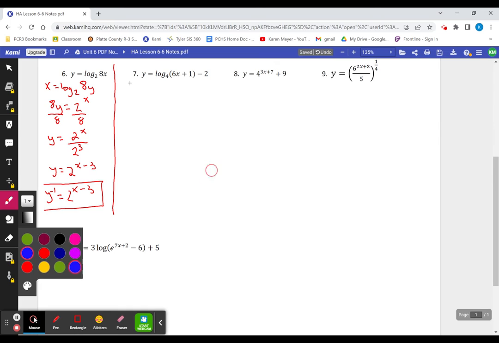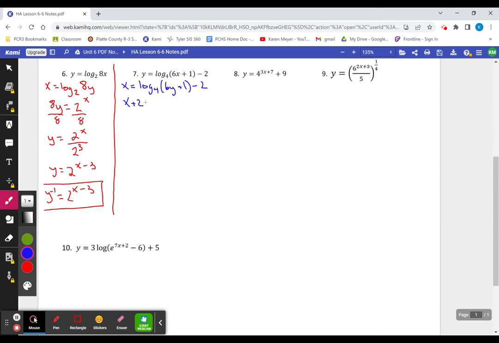Okay, 7. Start by switching x and y. So x equals log base 4 of 6y plus 1, minus 2. Now, before I rewrite this one, you should notice that that minus 2 is not in the parentheses. So that means I want to get rid of it. So to get rid of it, I'm going to add it over.